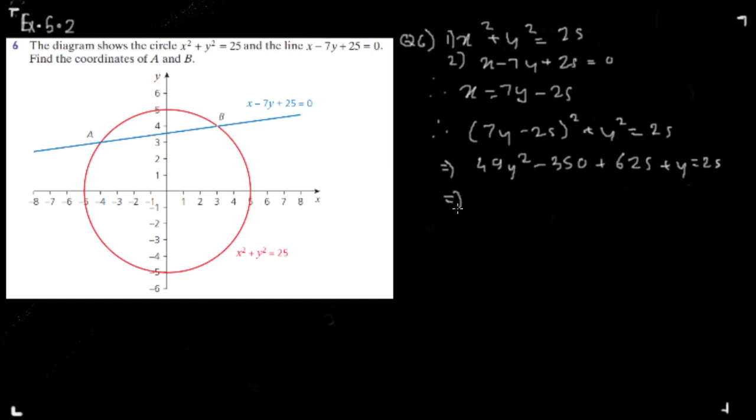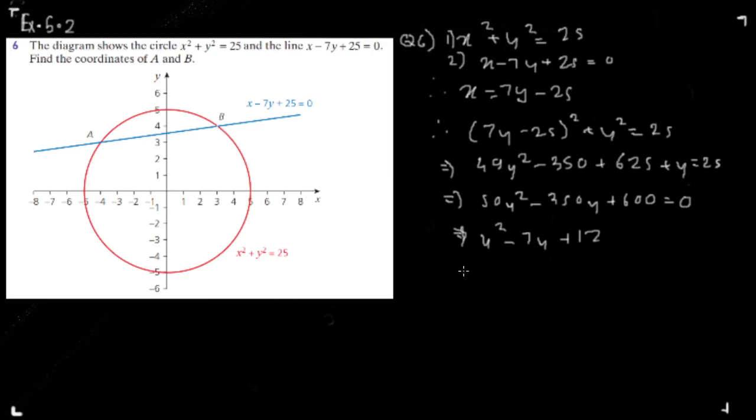So from here, we can get 50y squared minus 350y plus 600. All I'm doing here is some simplification. Since this is very big, I'm going to divide everything by 50. So 0 divided by 50 is 0. This is going to be y squared minus 7y plus 12.